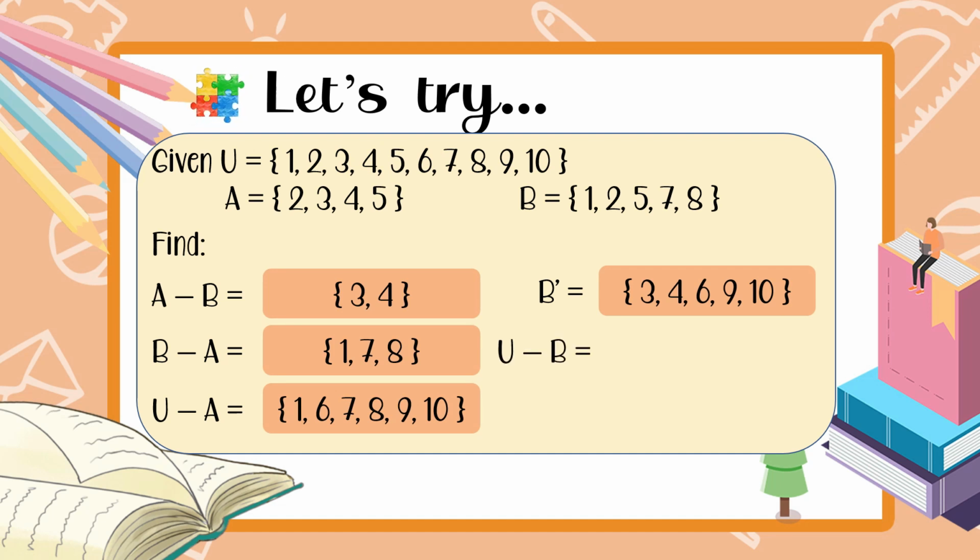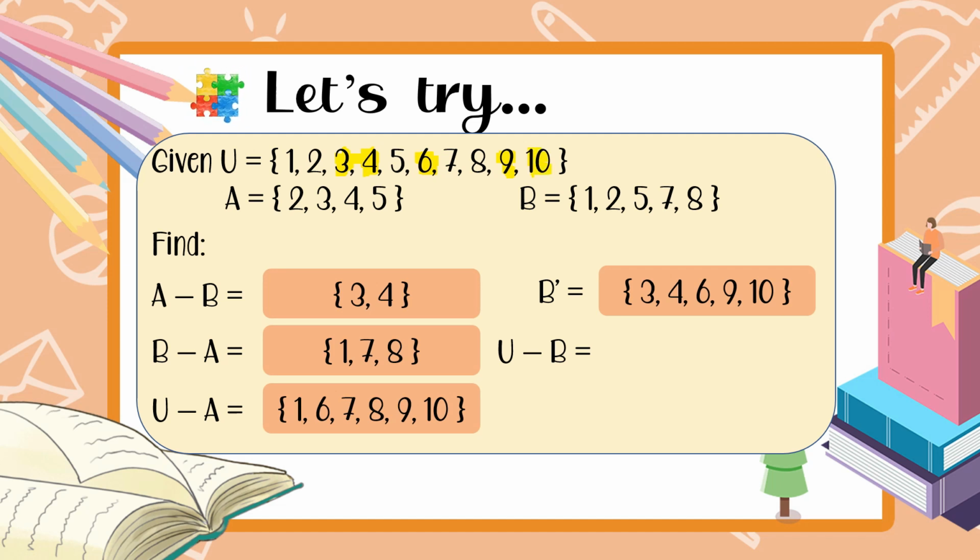Next, we have U minus B. So, lahat ng meron kay set U na wala kay set B. We have 3, we have 4, we have 6, 9, and 10.